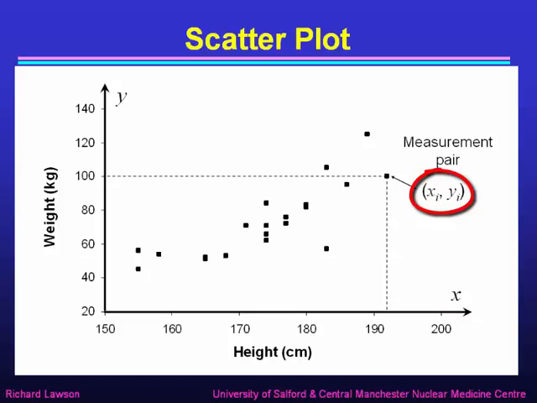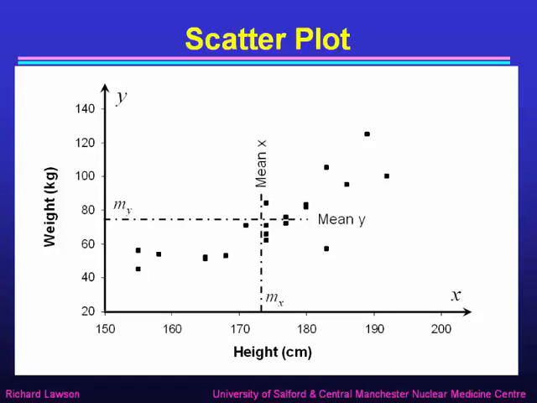We've used y on the vertical axis representing weight, so yi is the weight of the ith patient. So every point is a combination of x and y, a pair of measurements representing a particular patient with a given height and a given weight. So the distribution of the points on this graph shows the distribution not only of x but also of y, height and weight.